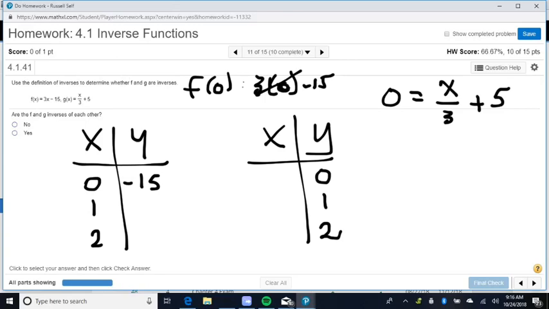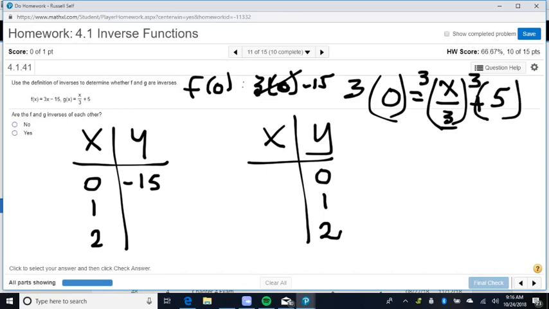So first of all, we want to get rid of this 3 by multiplying everything by 3. Remember, that says divide by 3. The opposite of divide by 3 is multiply by 3. 3 times 0 is 0. These 3's will divide away, gives you x, and that gives you plus 15. All right? So we're happy with that so far.